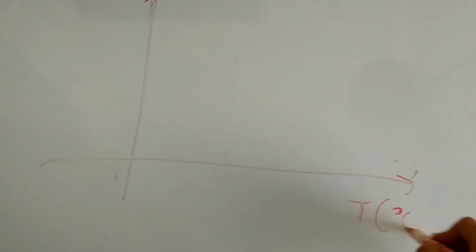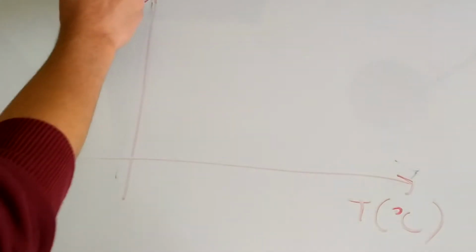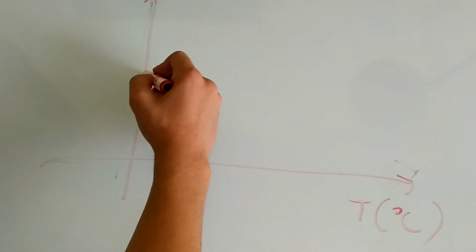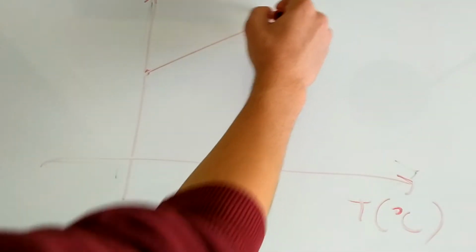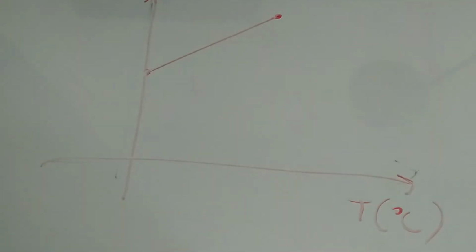So if we draw a diagram here, we'll say that the x-axis is the temperature in degrees Celsius and the y-axis is the pressure. Through experiments it has been found that the pressure and the temperature of a substance have a linear relationship.